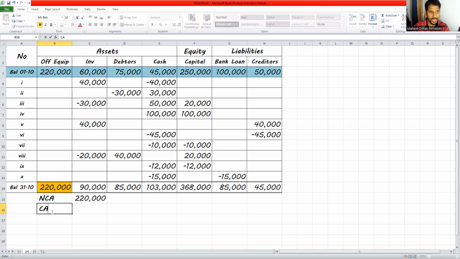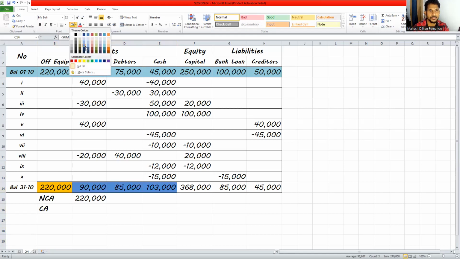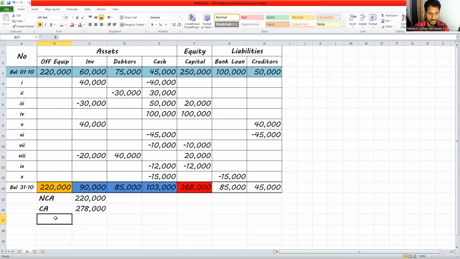Then we have current assets. Here we have the current assets. It is 278,000. Right? Equity 368,000. Okay.